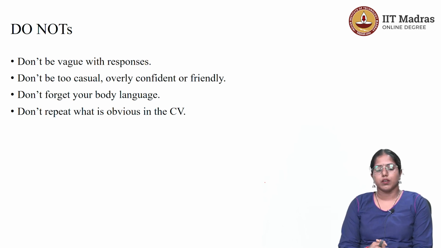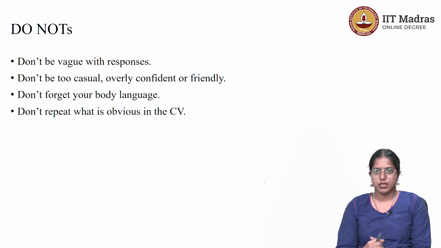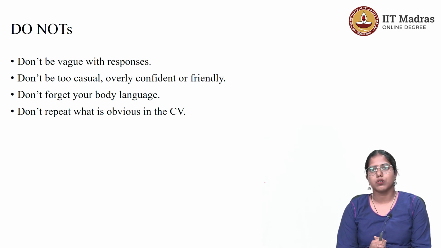So if you don't say that, then what do you say? You talk about the work you have done, you talk about your achievements. Rather than saying, sir, I worked in this company, say, I have led a group of 300 people, or I was in a managerial position, training more than 3,000 employees from different multinational companies.